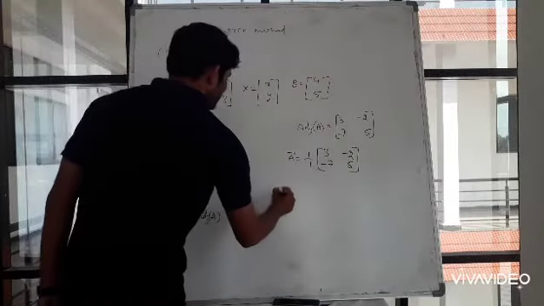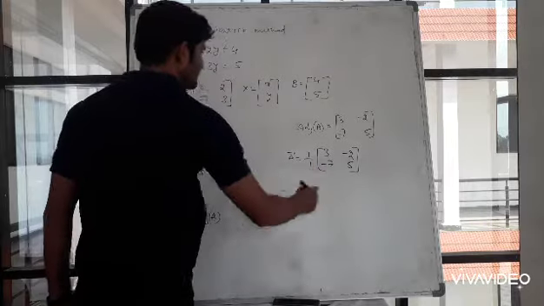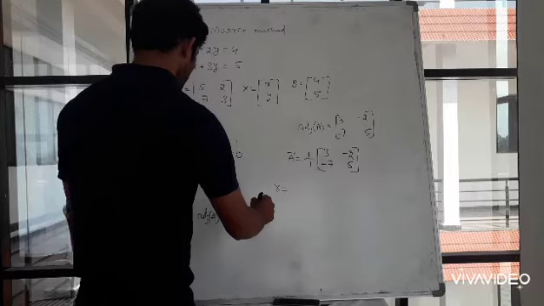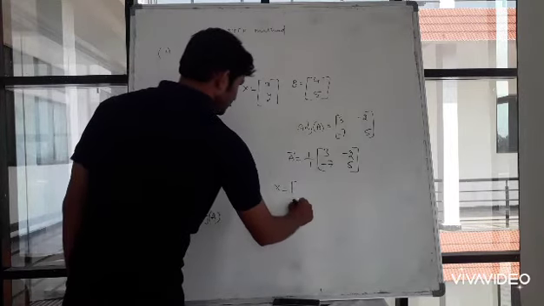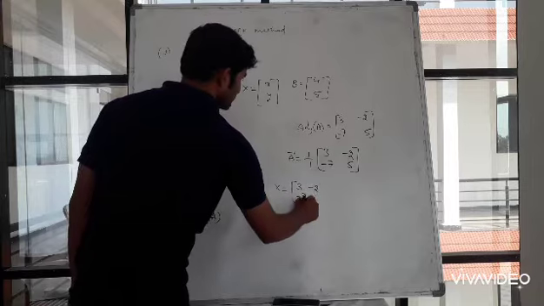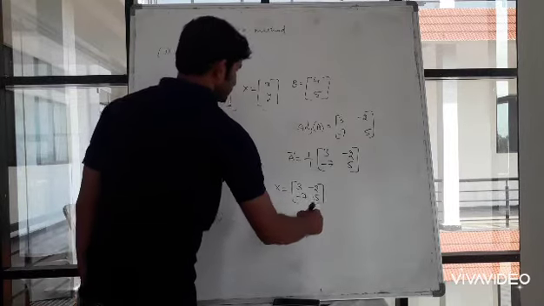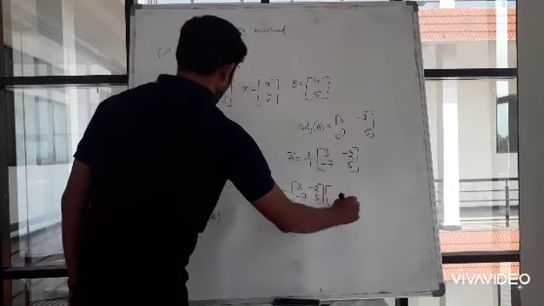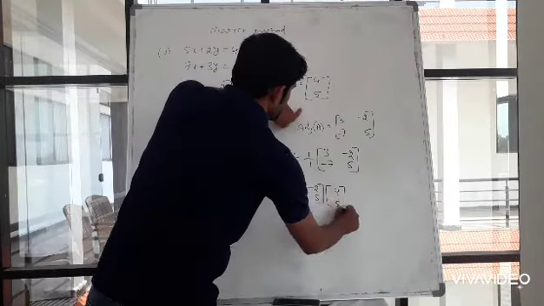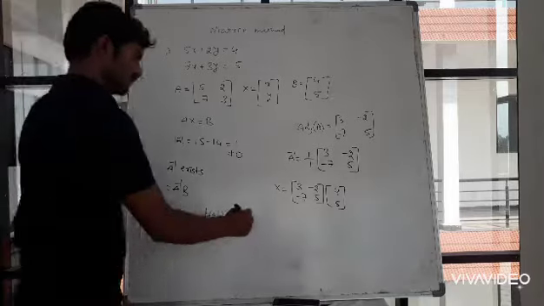Now x is equal to A inverse, that is 3, minus 2, minus 7, 5, into b. B means 4, 5. Simplify.